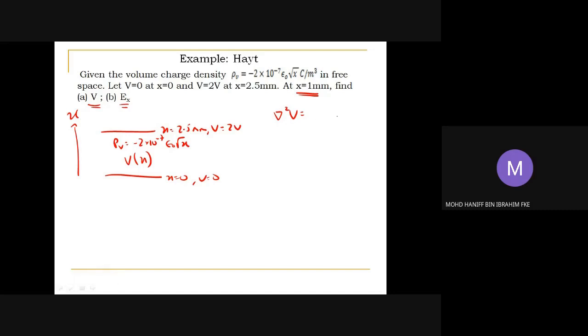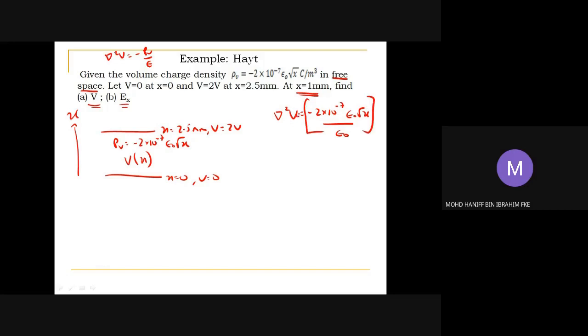Okay, so the rho v is given by negative 2 times 10 to the negative 7 epsilon naught times the cube root of x, divided by epsilon naught, because it's given to be in free space. From the equation, Laplacian of V equals negative rho v over epsilon, and because the region is free space, we just have epsilon naught, and we have a negative outside.